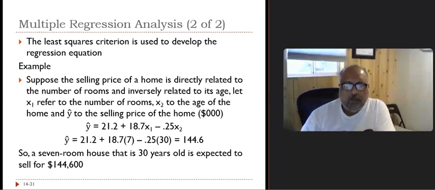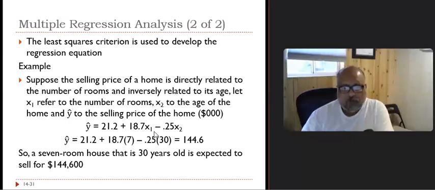Here's an example that we have. Suppose the selling price of a home is directly related to the number of rooms and inversely related to its age. Let X1 be the number of rooms, X2 the age of the home, and Y hat the selling price in thousands. Directly related means we use a plus sign, right?